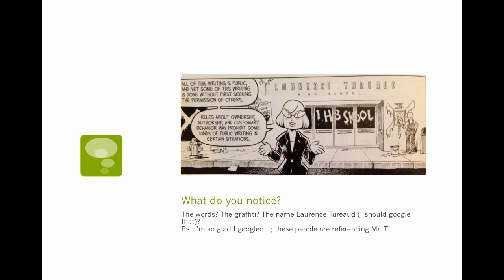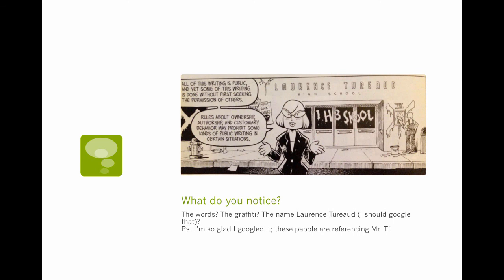It's not just what the teacher is saying. It's the sign, the I hate school in the background, the man who is writing graffiti on the side of the wall. He's probably responsible for all the graffiti, but even the signs posted, right? All of these are written communication.